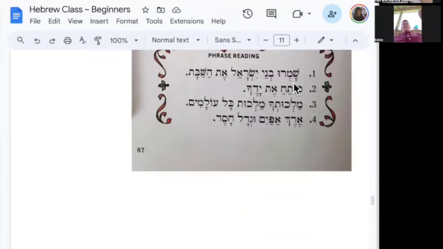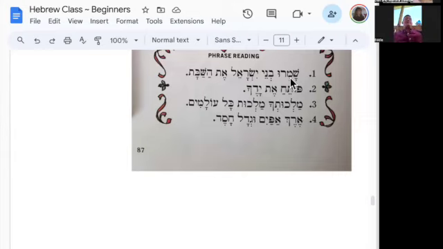Shamru. Shamru vnei Israel et HaShabbat. Bnei Israel, the children of Israel.